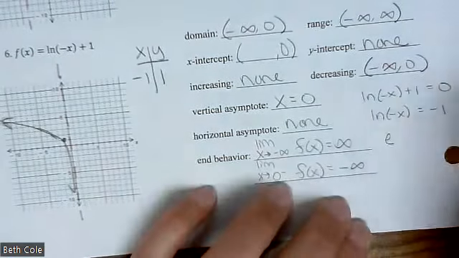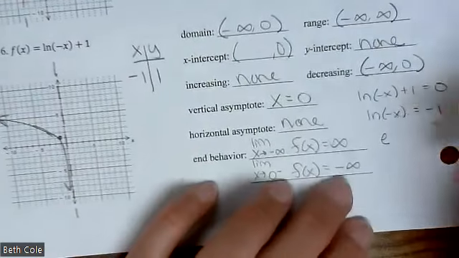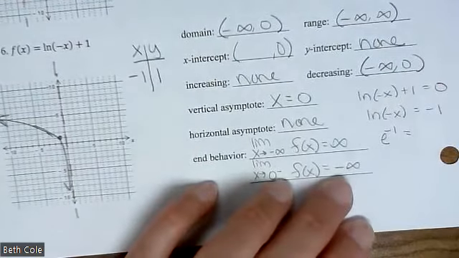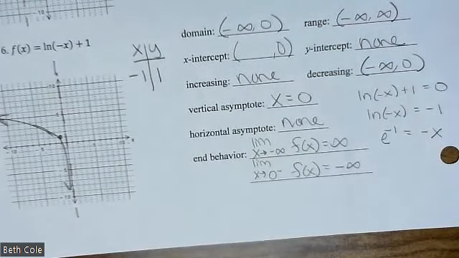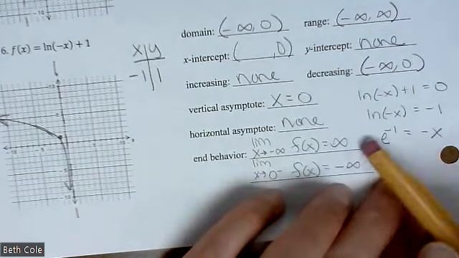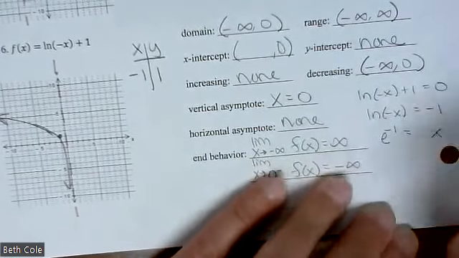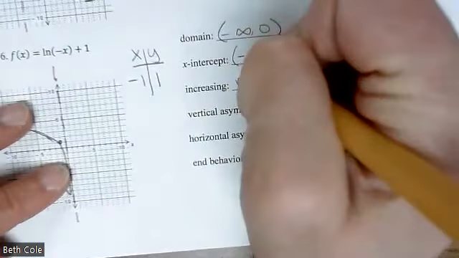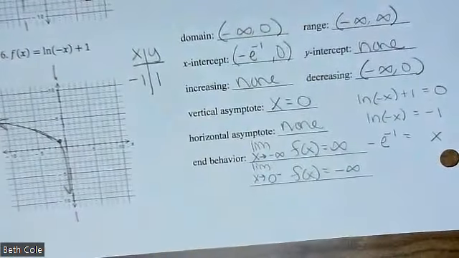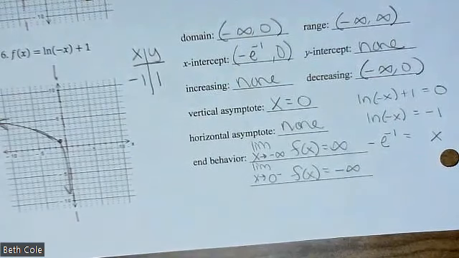E to the power -1, good, equals negative x. And just watch this real quick. You can rewrite the whole thing if you want to, but you just have to divide that negative to the other side. So just erase it and put it out front. Negative e to the -1. Which again is a number. It's 2.7 to the -1 and then the opposite of that. But it's a decimal, it's some number.